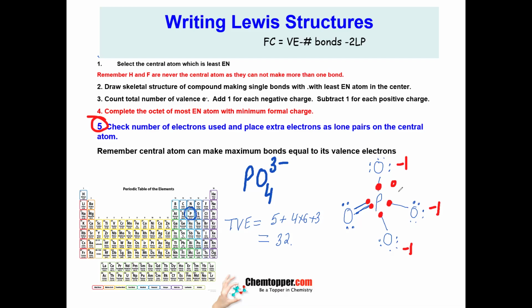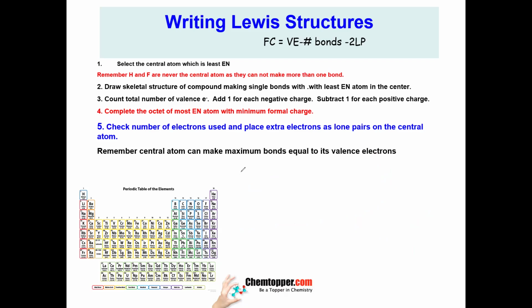Okay, ready for another? Make the Lewis dot structure of SO2. Central element. Now there is no formal charge. Central element, sulfur. Skeleton, total valence electrons, 18.